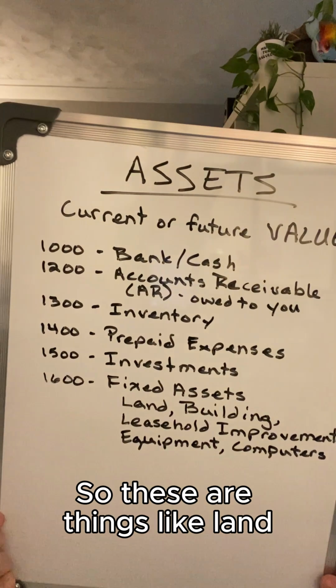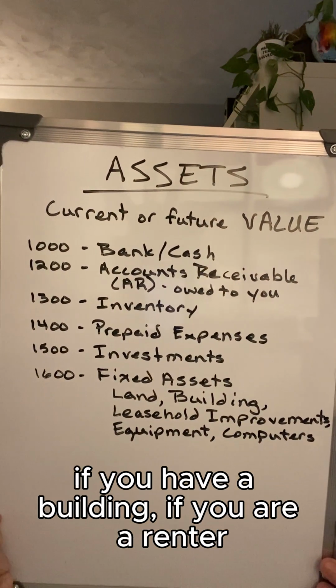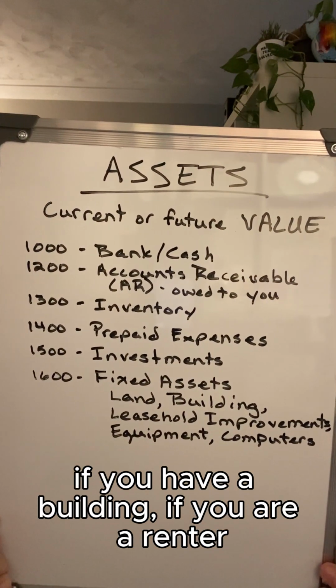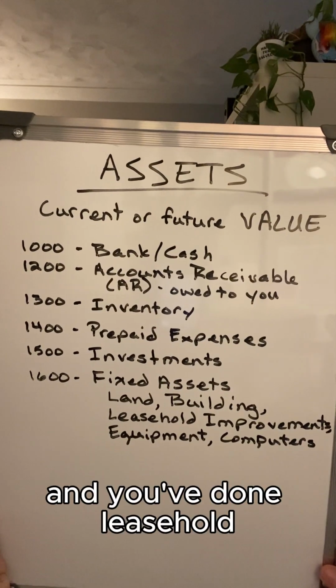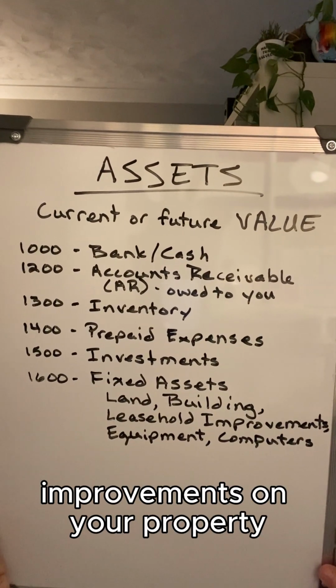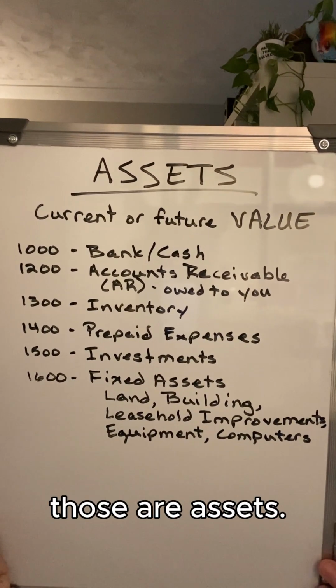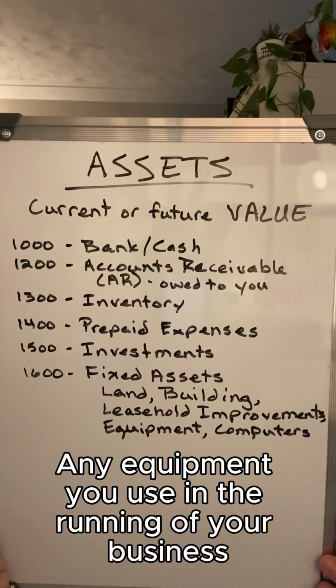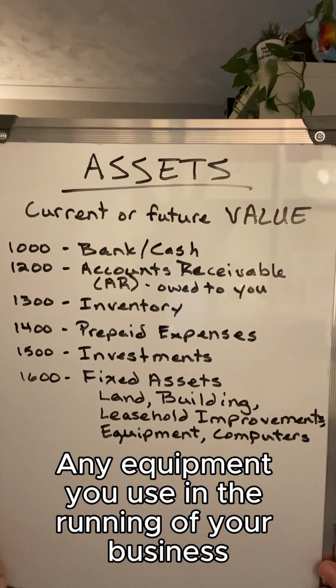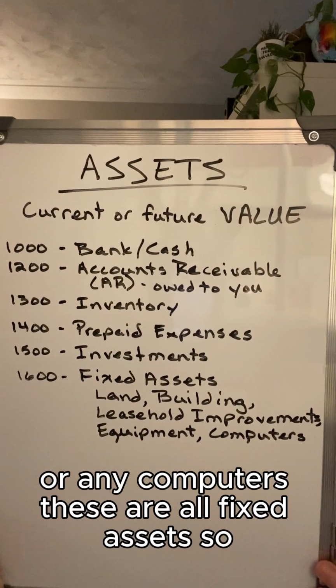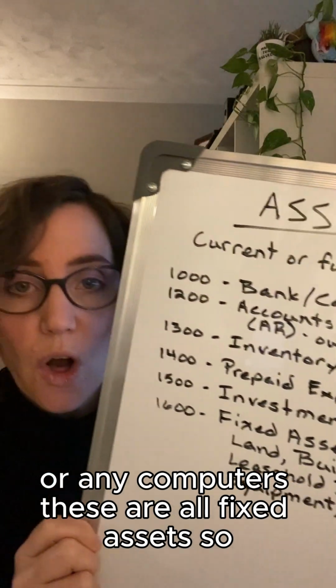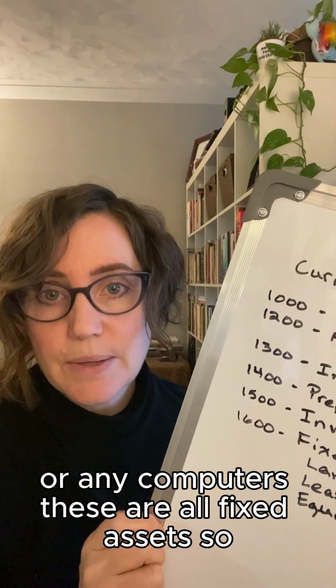So these are things like land, if you have a building, if you are a renter and you've done leasehold improvements on your property, those are assets. Any equipment you use in the running of your business or any computers. These are all fixed assets.